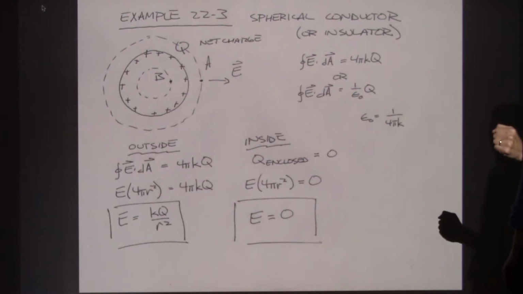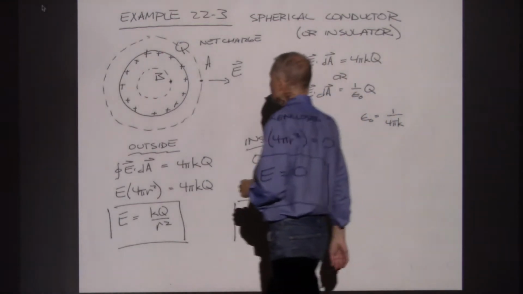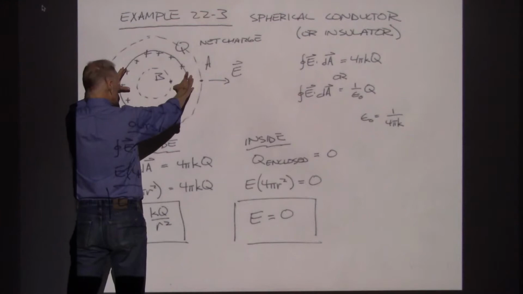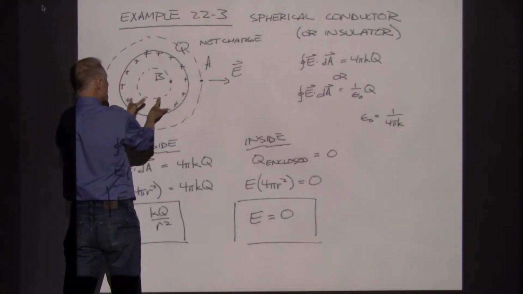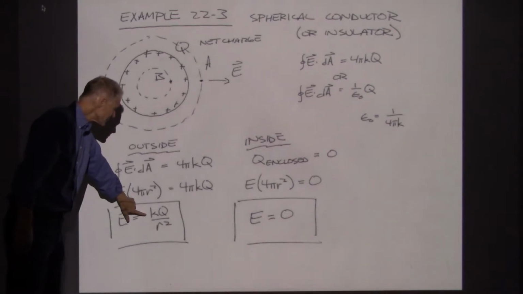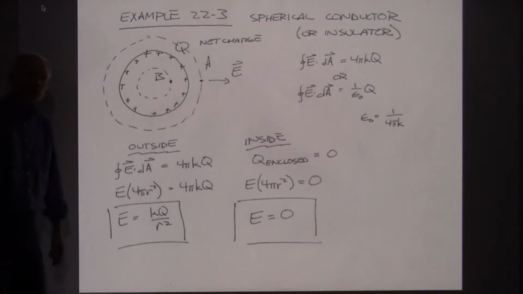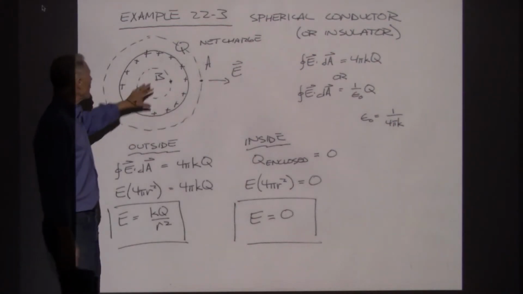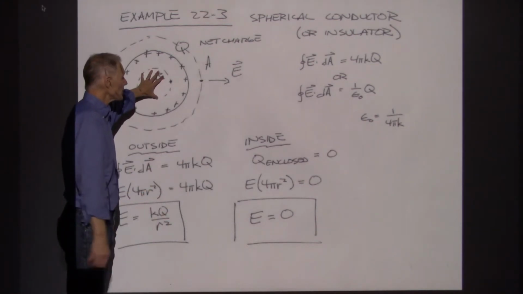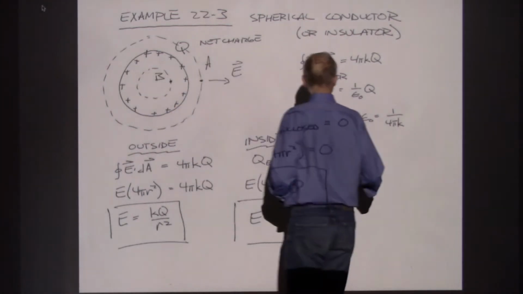It doesn't have to be charge concentrated at one point. It could be any series of spherical shells that are charged, or it could be an entire sphere that has been charged. So that's extending our formula so that it works in many more circumstances than what we showed in chapter 21. Now what happens inside this distribution?